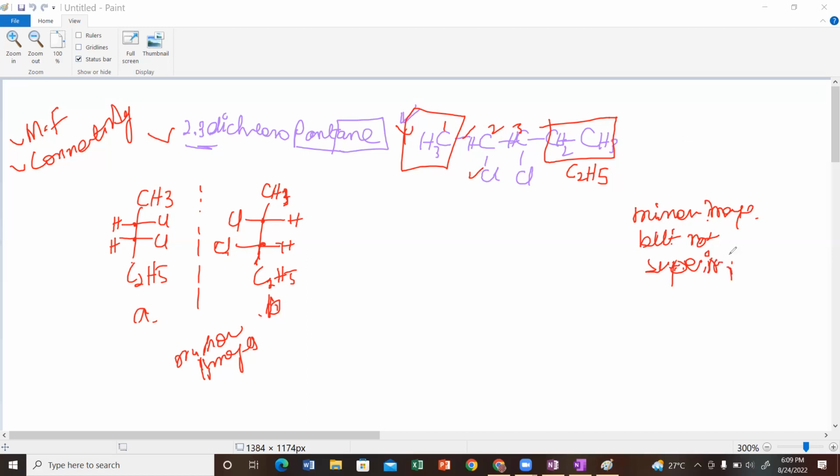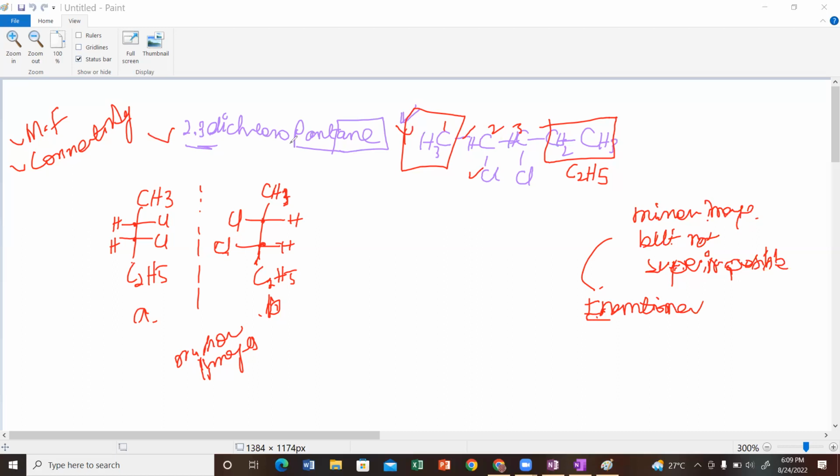So the two stereoisomers that are mirror images and not superimposable are known as enantiomers. What is this? This is enantiomer, right? So what is the meaning of superimposable?